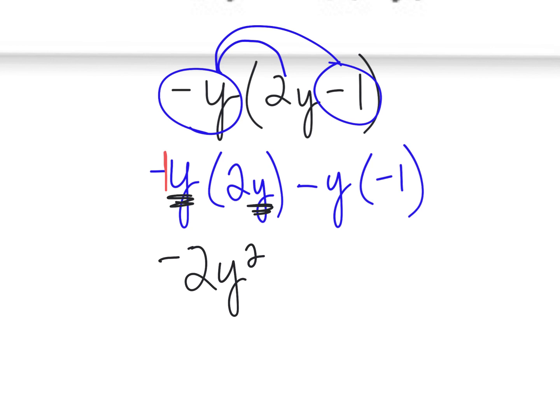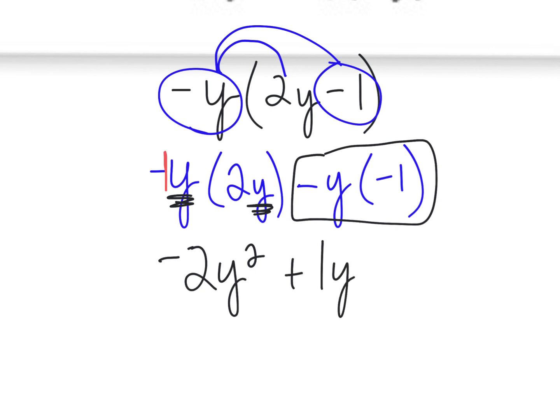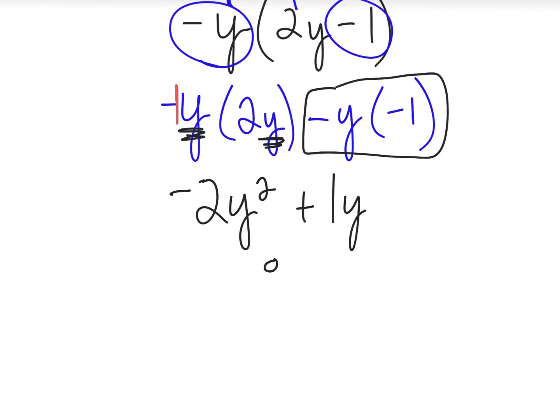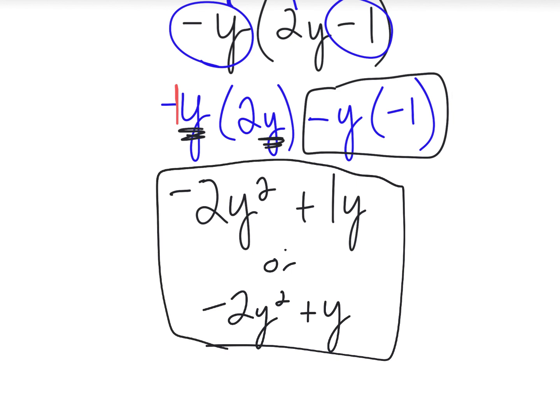And then for this last part now, we've got a negative times a negative would be a positive. And then y times 1 is 1y, or just y. So -2y squared plus 1y, or -2y squared plus y would be our answer for that one.